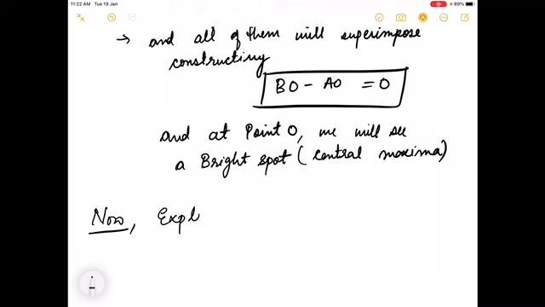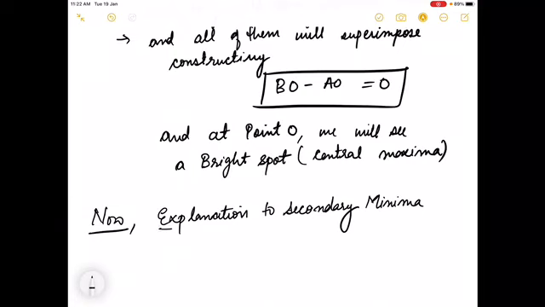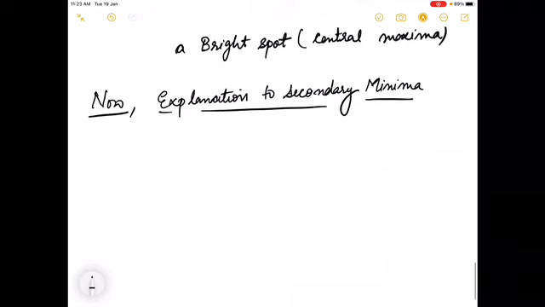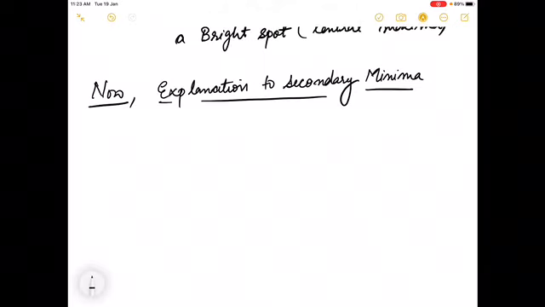Explanation to secondary minima means we are talking about the dark spot, right? So basically we now have to explain why the secondary minima is coming. Secondary minima means we're talking about a dark spot, right?